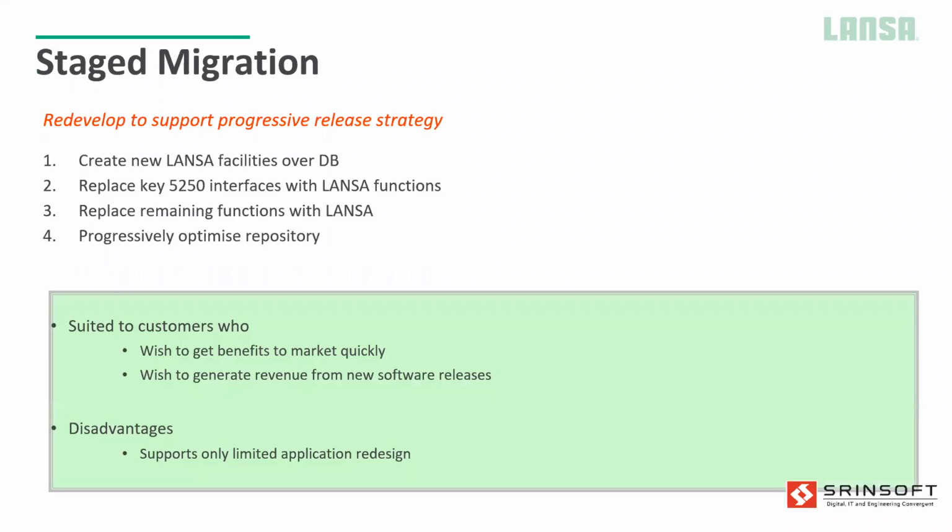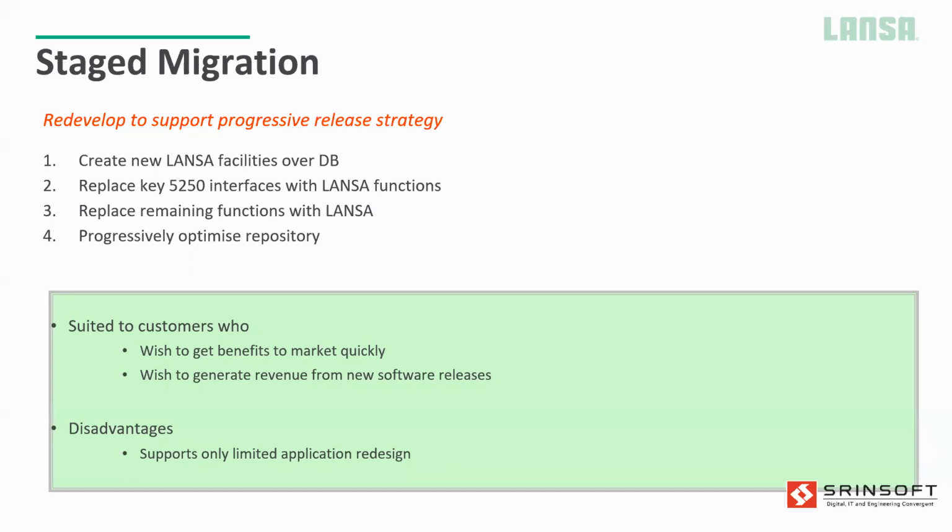So let's take a closer look at the migration options, because that's where I really want to focus for this particular webinar. We'll start with the stage migration. This is where we have new functionality that is created over an existing database. This option also involves replacing key programs that are no longer fit for purpose with Visual LANSA programs.